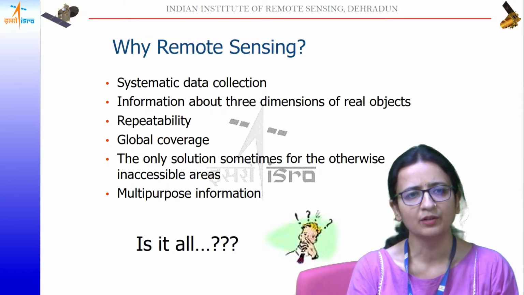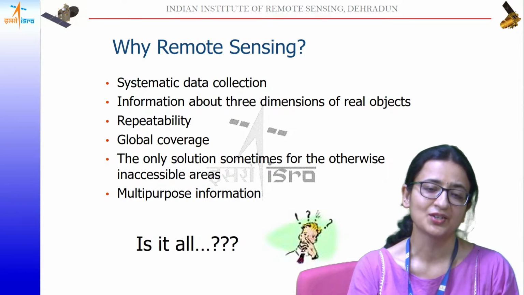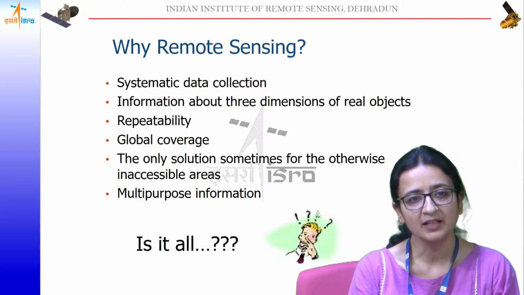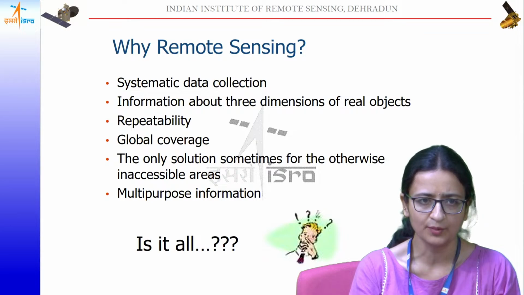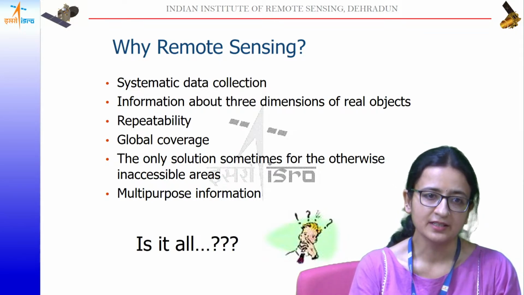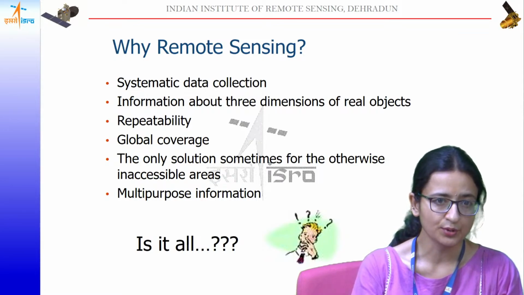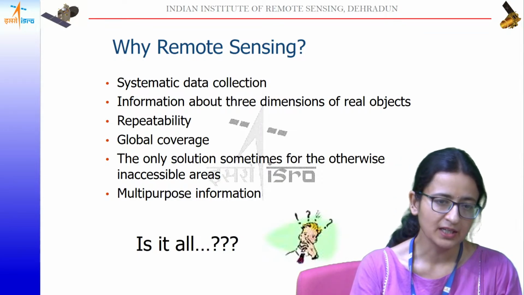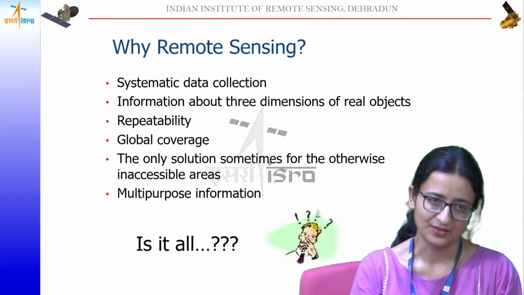There are a lot of other advantages associated with remote sensing, but by and large, it gives you multi-purpose information. That means the same data collected by your satellite or by aerial platforms or by UAVs, etc., can be interpreted or analyzed differently by, let's say, a person from agriculture, forestry, photogrammetry, marine science, or atmospheric science, etc. Right?